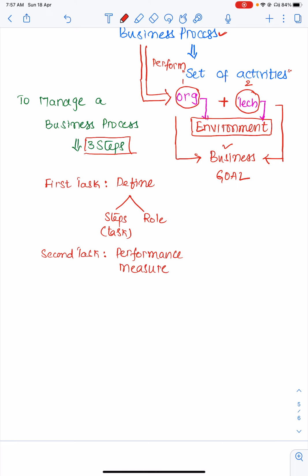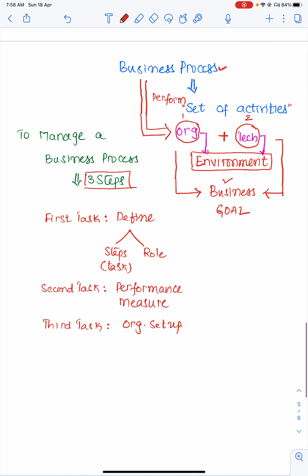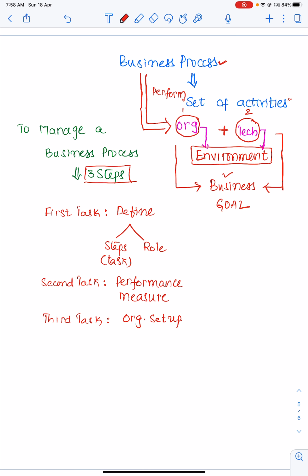Third task is organization setup. So we have three steps to manage a business process. First one, define. In define, we again have two: defining certain steps and defining a role. Second task is performance measure. Third task is organization setup.